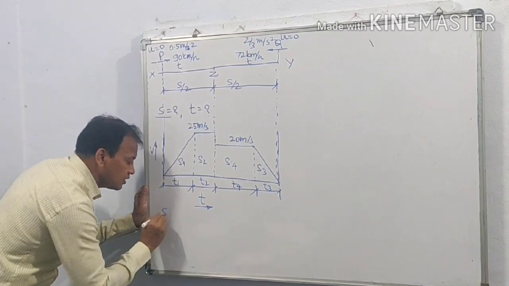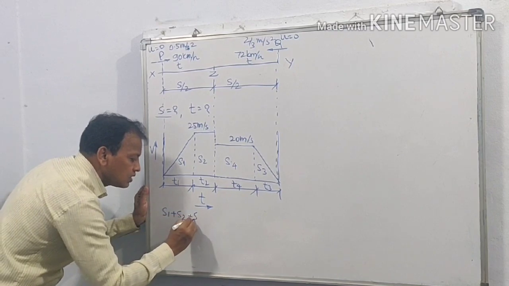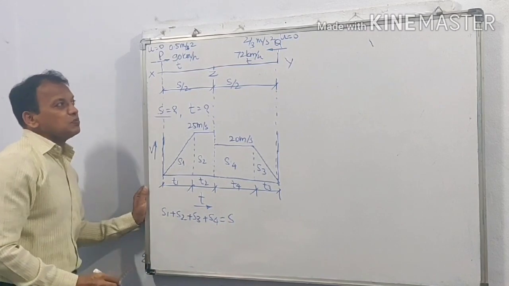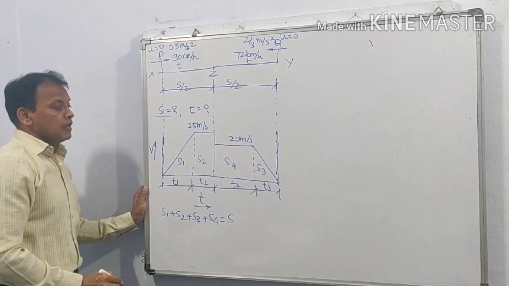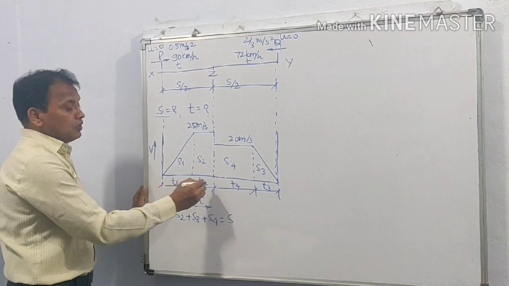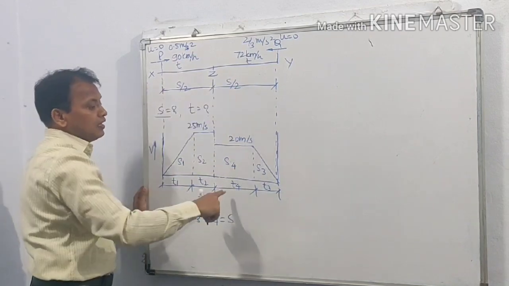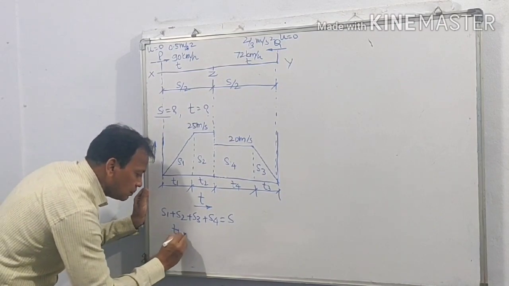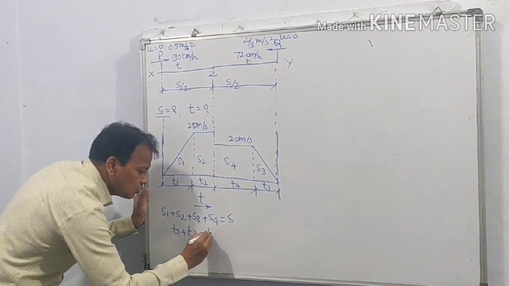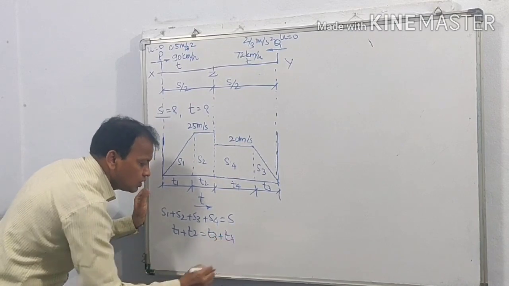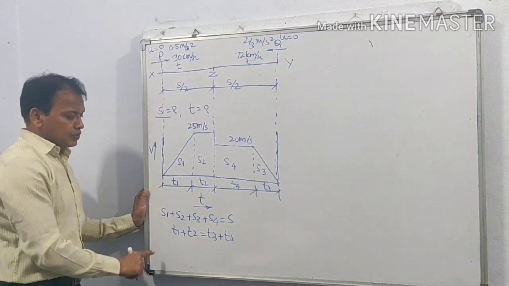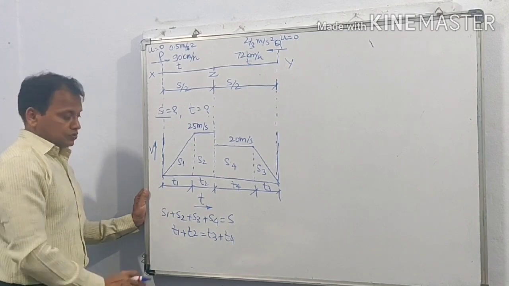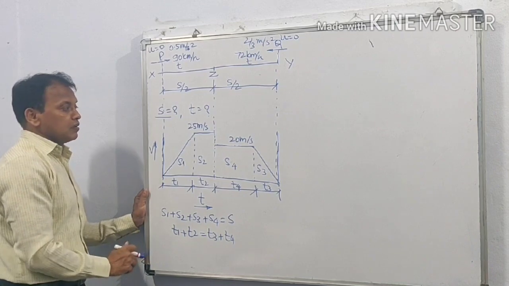So we can write here S1 plus S2 plus S3 plus S4 is equal to S, distance between two stations, that is X and Y. Also T1 plus T2 is equal to T and T3 plus T4 is equal to T. So T1 plus T2 is equal to T3 plus T4 and this is equal to T. So we are getting these two equations, and using these two equations we are going to solve the example.